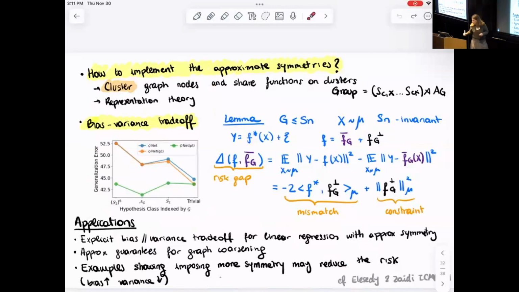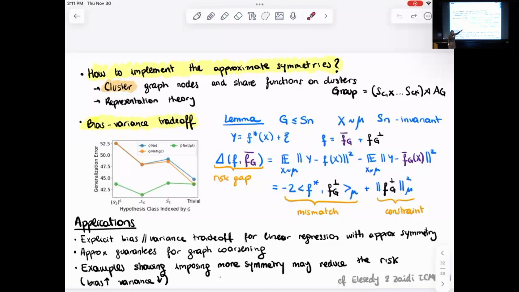proposed for this problem. And actually, what she showed is that when you consider different classes of functions, you can think of this plot over here. So this plot is indexed by the group of symmetries that you're implementing. More symmetries imply a smaller class of functions, because the more symmetries you impose, the smaller the class of functions that satisfy the symmetries is. So going in this direction, the class of functions becomes more expressive and the symmetry group becomes smaller.